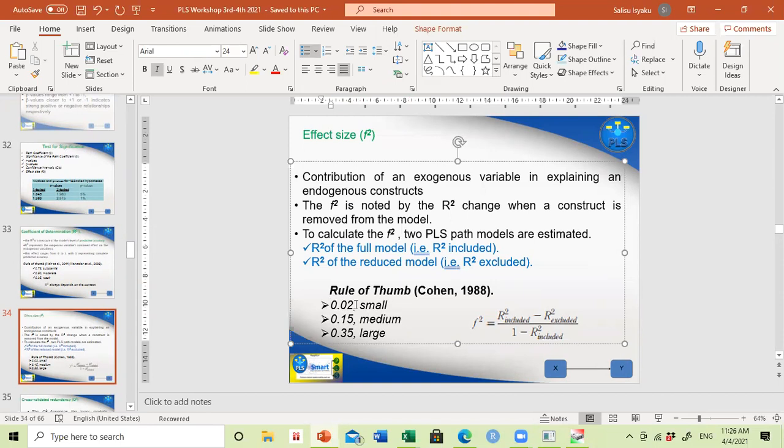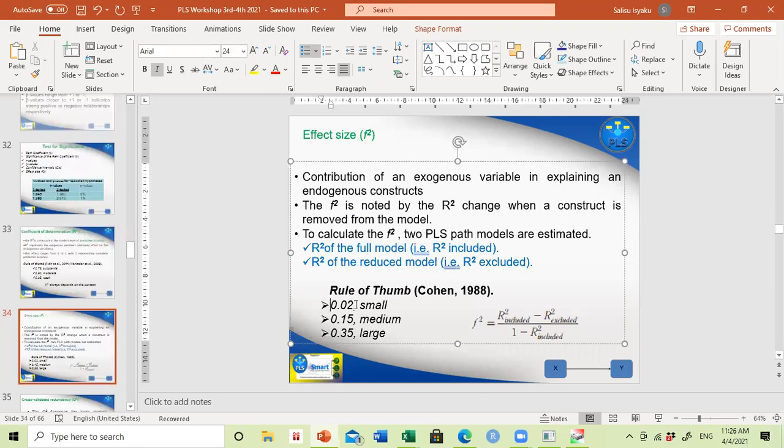From 0.02 and above is considered small. 0.15 and above is considered medium. 0.35 is considered large.